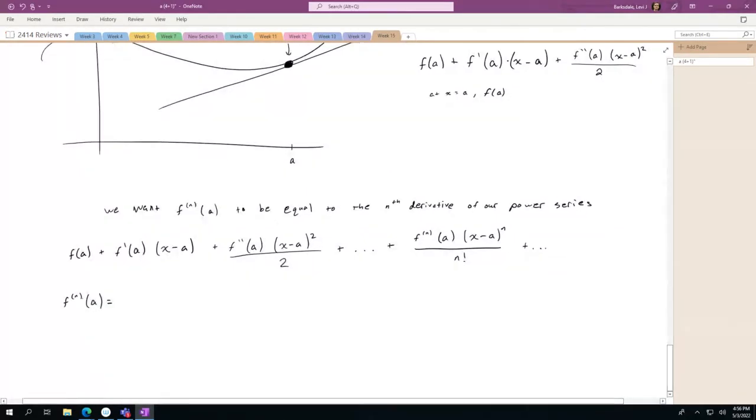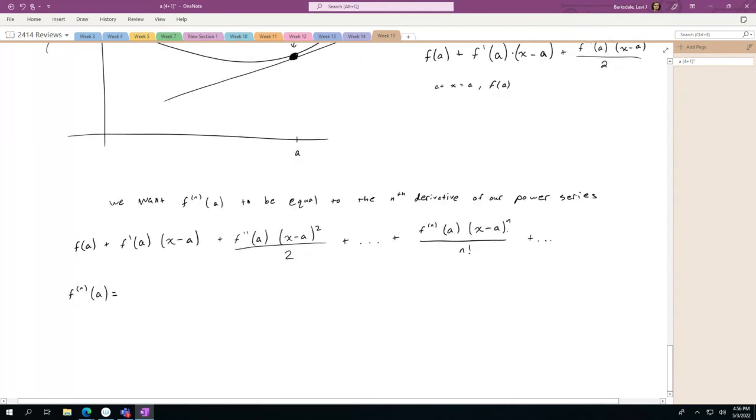But when I have exactly my nth term right here, and I take the derivative n times, all of this, f to the n of a divided by n factorial, is a constant. So I'm just taking the derivative of x minus a n times, which means I would have my constant part, and then I take the derivative of x minus a n times.